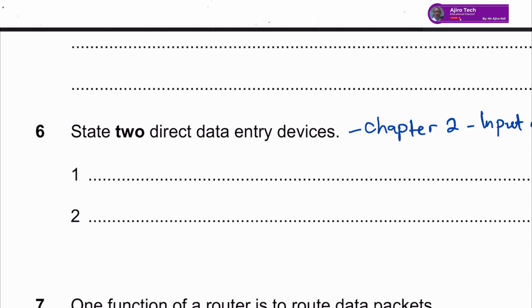So for direct data entry, let's go with the optical mark reader. Essentially, the optical mark reader is used to read marks. That's what it does. We have the optical character reader that reads and converts handwritten text to digitized format.